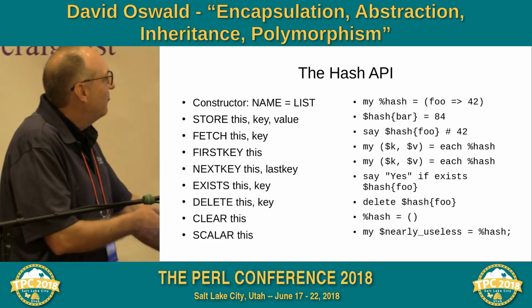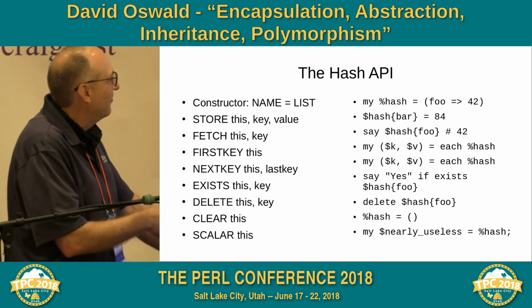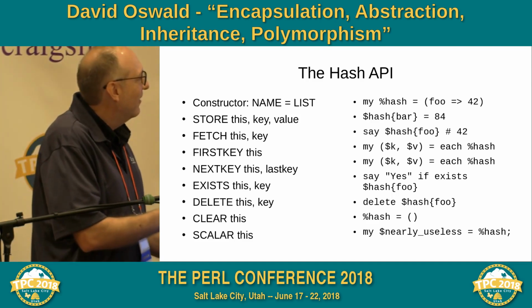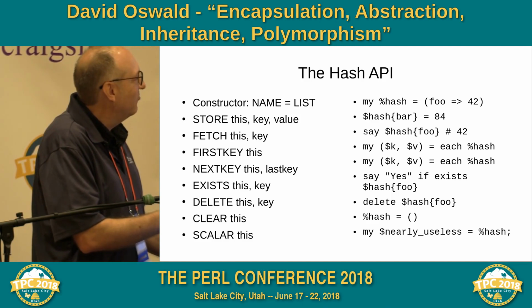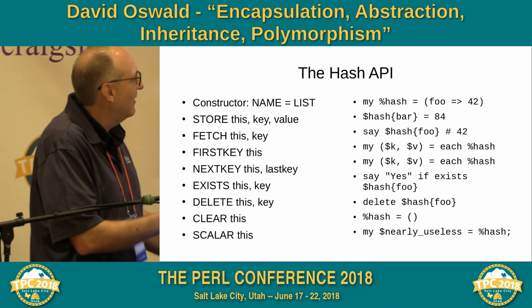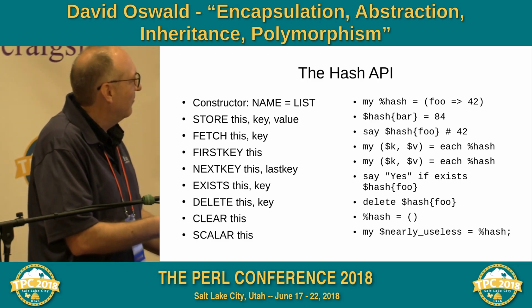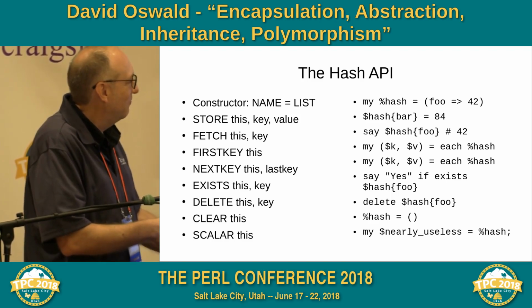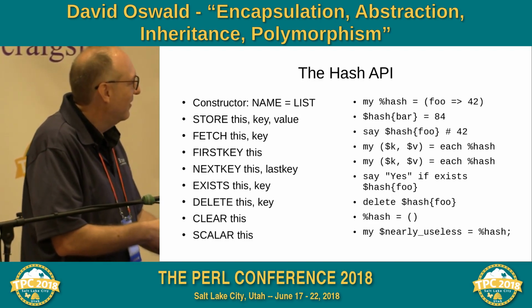But each of these concepts is represented in our space as Perl developers as, for example, the constructor, my %hash equals whatever. A store would be to insert a key. A fetch would be to find the value of a key. Each makes use of first and next key. Exists passes straight through as a function, or as an operator into Perl.